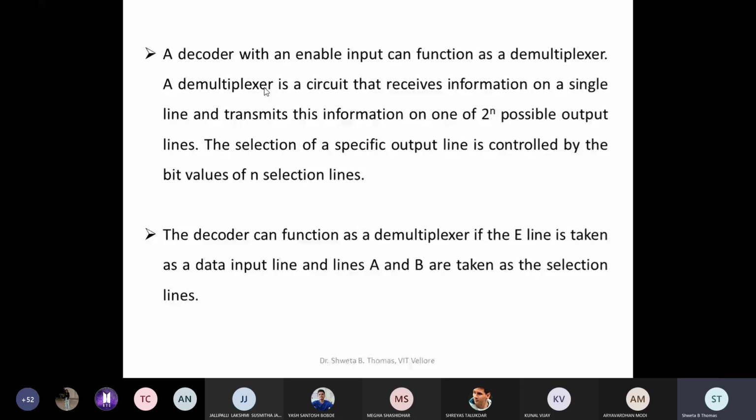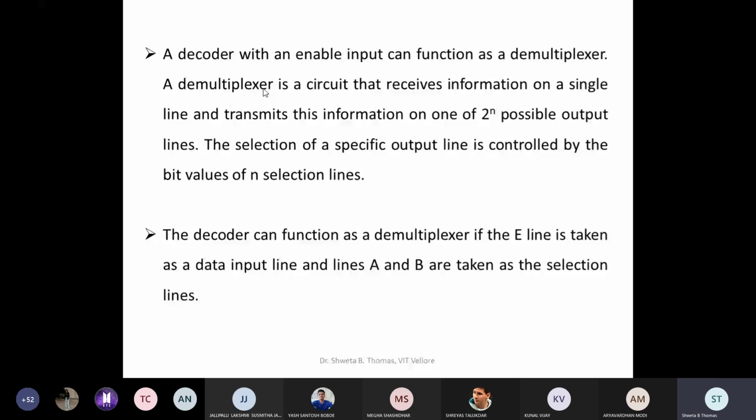I will show you the diagram, then you will understand. A demultiplexer is a circuit that receives information on a single line and transmits this information on one of 2 to the power n possible output lines. Which output will come depends on the value of the selection line. The selection of a specific output is controlled by the bit values of n selection lines.